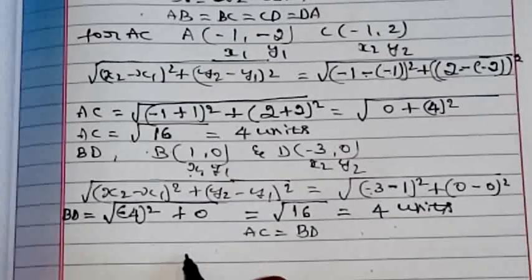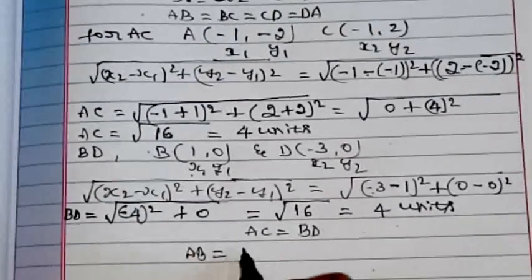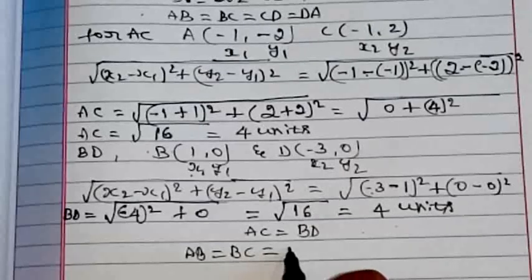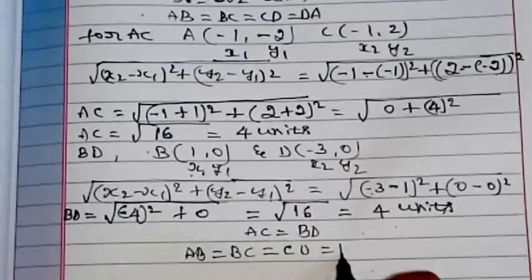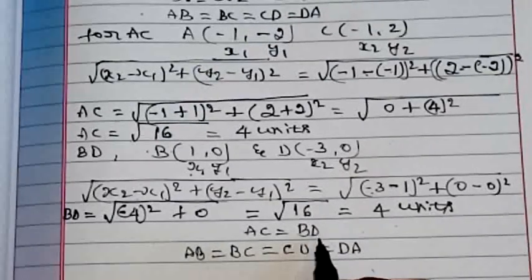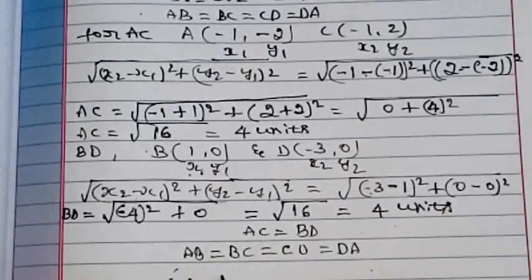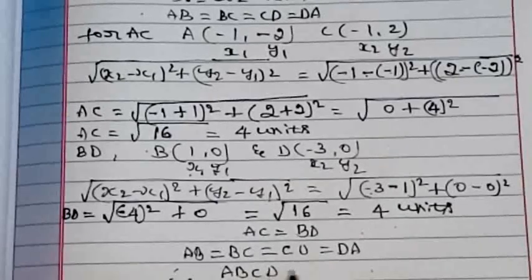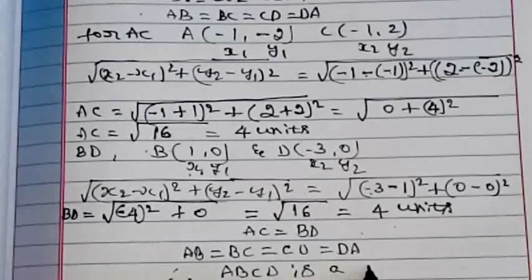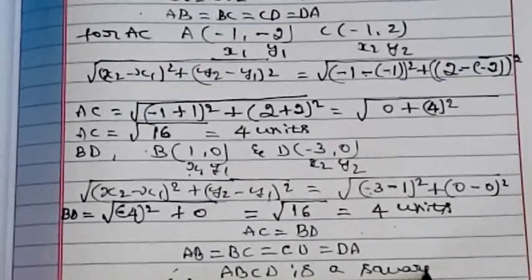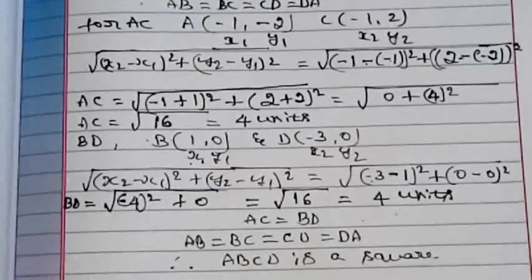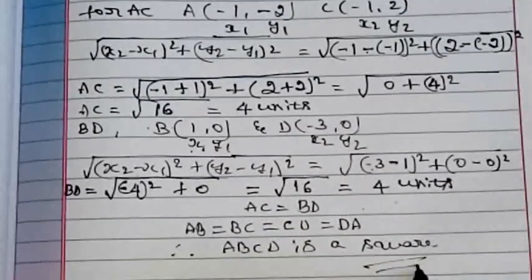So AB is equal to BC is equal to CD is equal to DA, and also AC is equal to BD. So directly we can say that ABCD is a square, right? So ABCD is a square. Thank you.